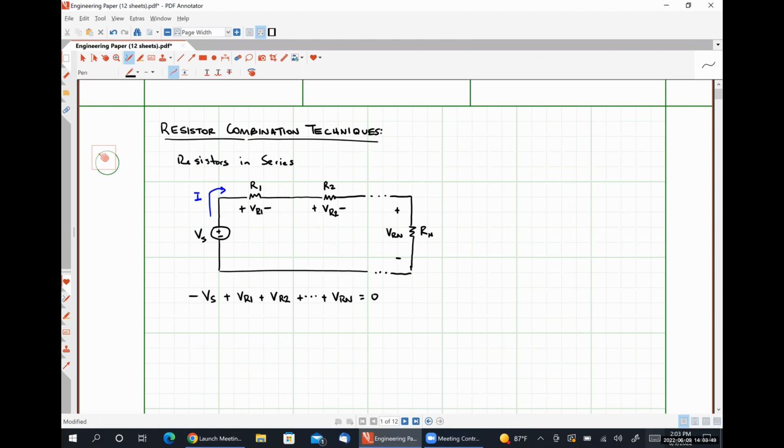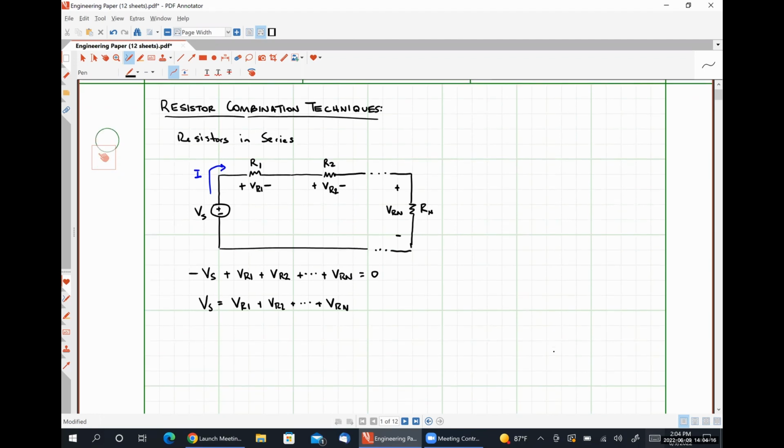And then I'm simply going to rearrange this very slightly by moving the Vs term onto its own side of the equal sign. And from this, we will observe that the source voltage Vs is equal to the sum of the resistor voltage drops in our simple circuit.